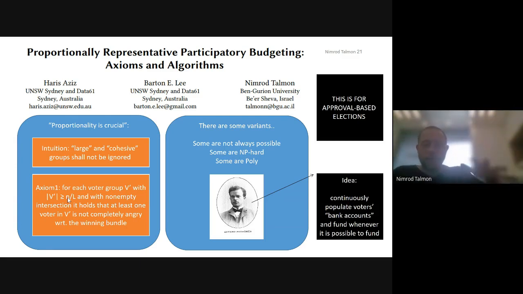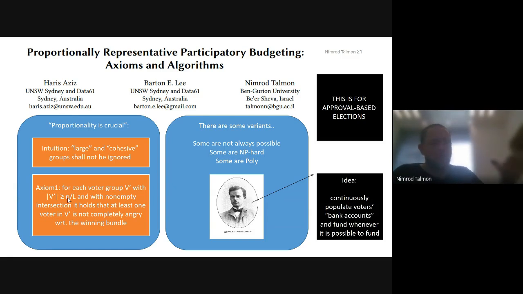And now the algorithm continues, and because these voters that used the money to buy this project are already somehow satisfied in the context of this axiom, because this minority of voters that wanted this project are not fully ignored, since there is at least one project that they wanted and got funded.